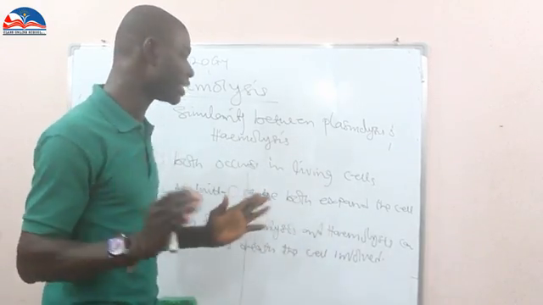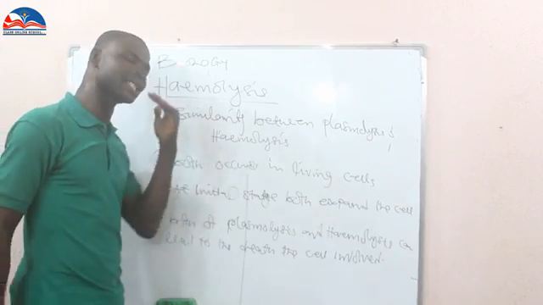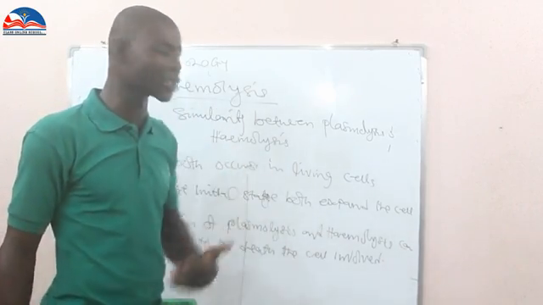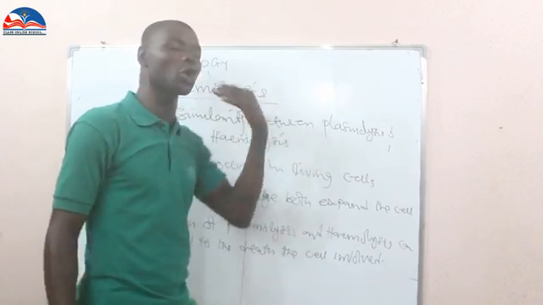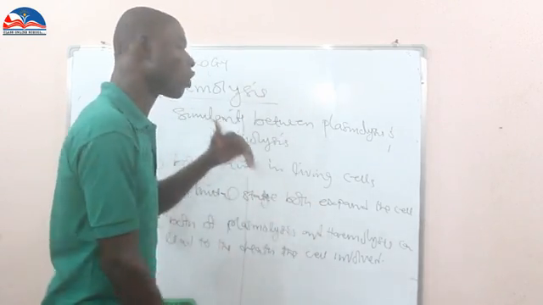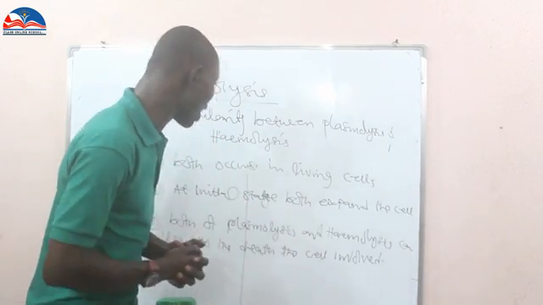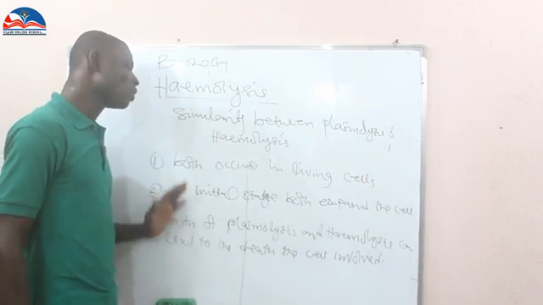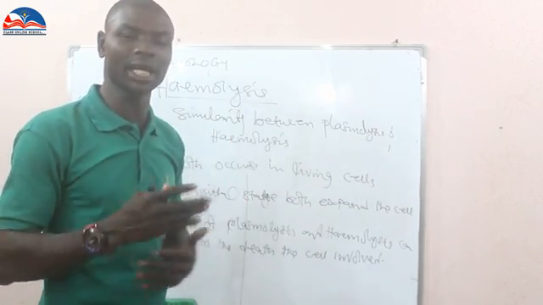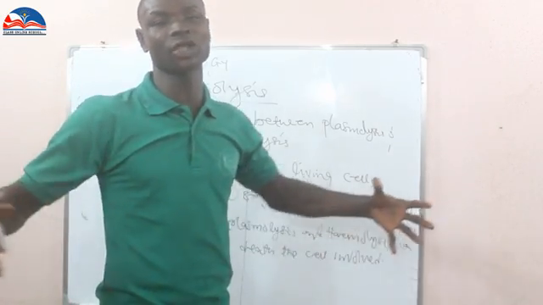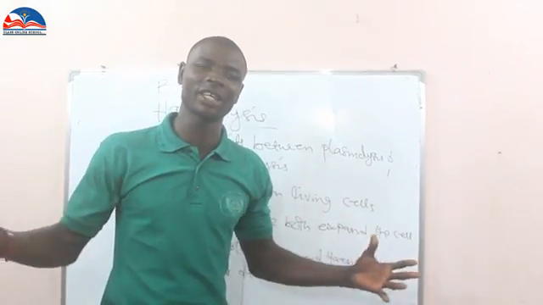Now these are their similarities, what the two of them have in common. Both plasmolysis and hemolysis occur in living cells. Plasmolysis occurs in plants and hemolysis occurs in animals. All of them are living cells. So that is number one. Number two, at the initial stage, since there is water in that cell, it can lead to the expansion of the cell, either the cell of the plant or the cell of the animal.